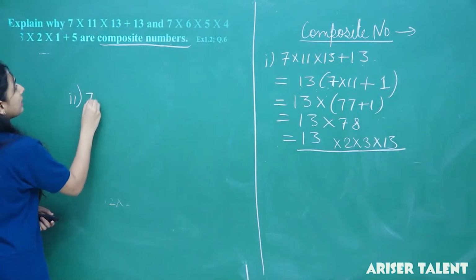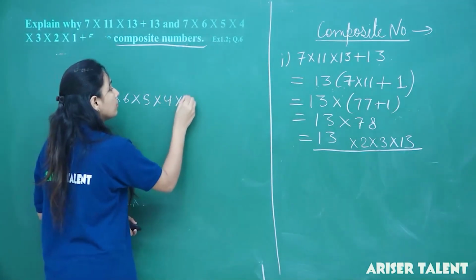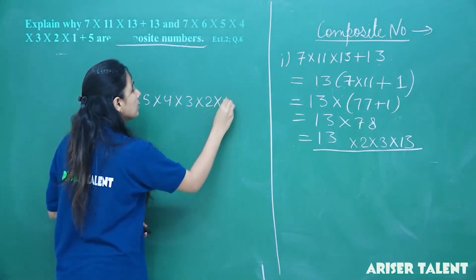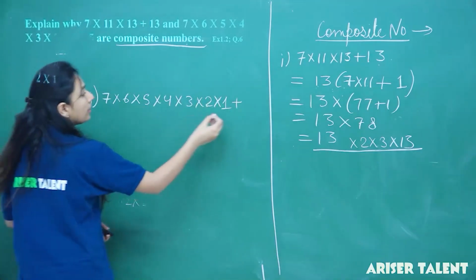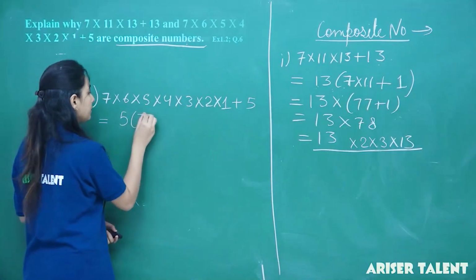Second, 7 multiplied by 6 multiplied by 4, 3, 2, 1 plus 5. Now again take 5 common, rewrite it in this way.